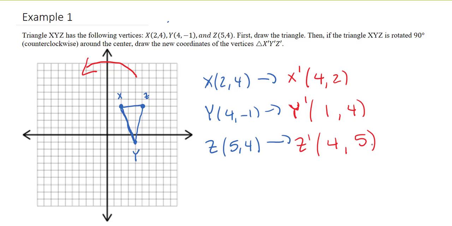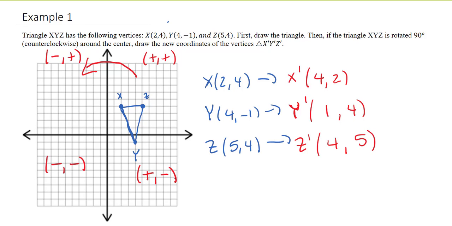So now we're going from quadrant 1 mostly to quadrant 2. How do we think about the signs? We have to go back to the beginning of this video, where we talked about quadrant 1 being positive, positive; quadrant 2 negative, positive; quadrant 3 negative, negative; and quadrant 4 positive, negative.